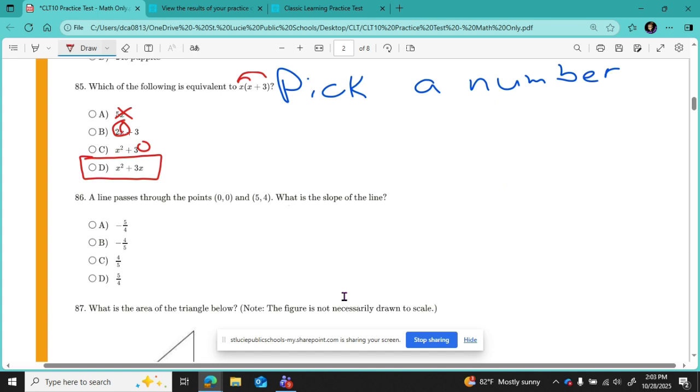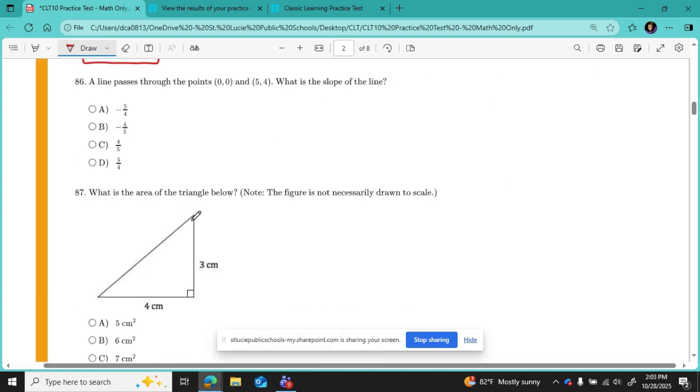Okay. And then question number 86 says a line passes through points (0, 0) and (5, 4). What is the slope of the line? You can remember the formula for slope.